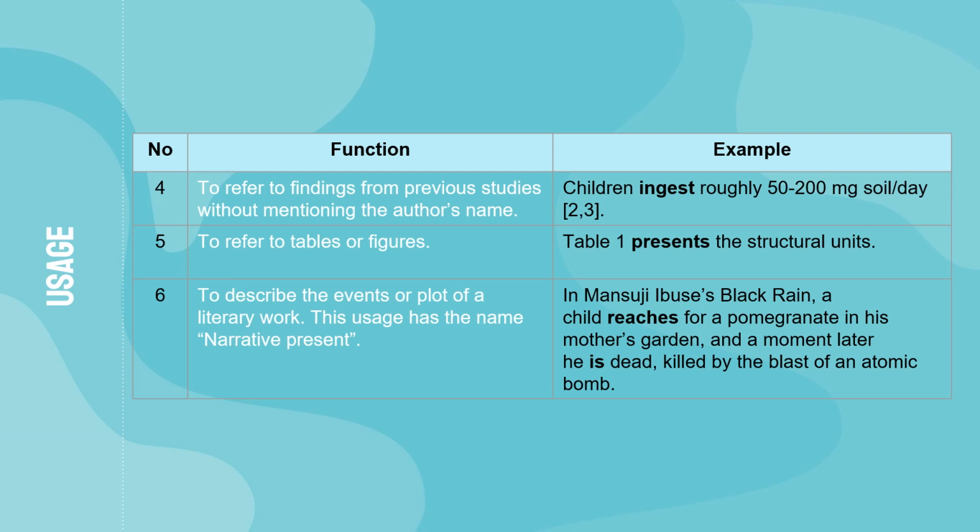This usage has the name narrative present. Example, in Masuji Ibuse's Black Rain, the child reaches for a pomegranate in his mother's garden, and a moment later he is dead, killed by the blast of an atomic bomb.